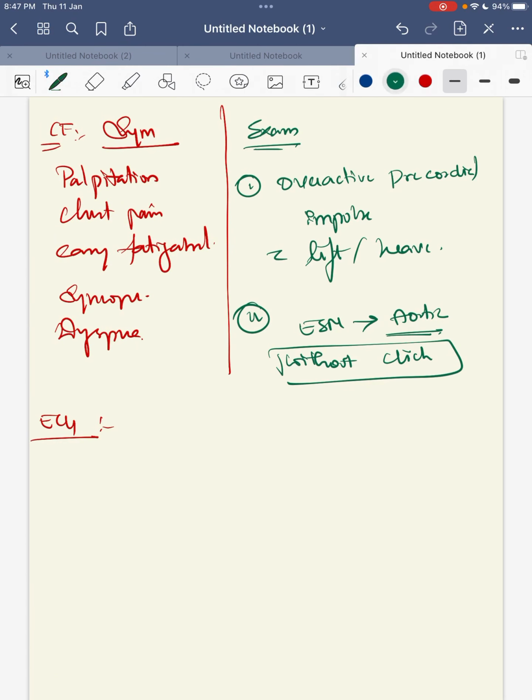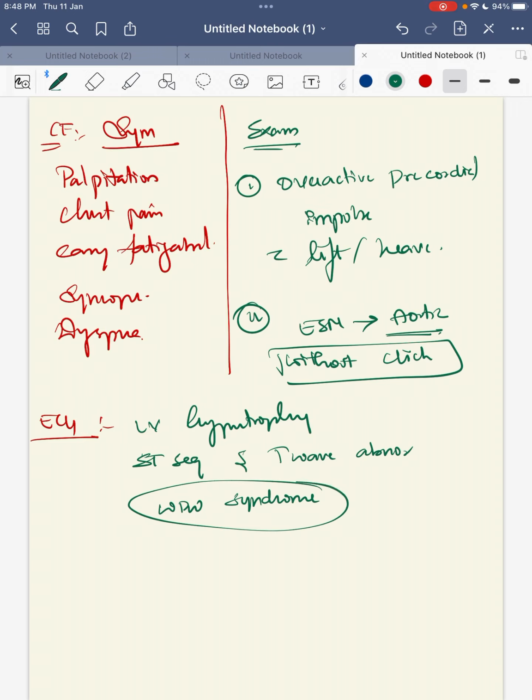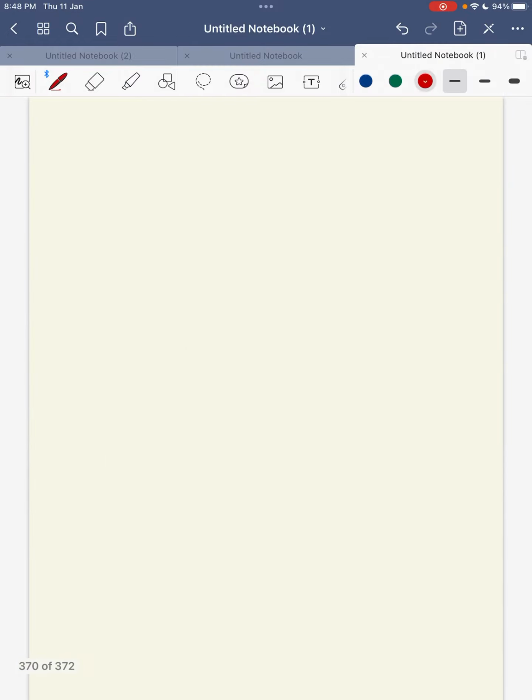In ECG findings, you will have findings of left ventricular hypertrophy, ST segment and T wave abnormalities, and WPW syndrome can also be present in your ECG. When there is WPW syndrome in your ECG finding, you have to think of two syndromes. So that is a homework for you. So please identify what are the two syndromes you have to think of.